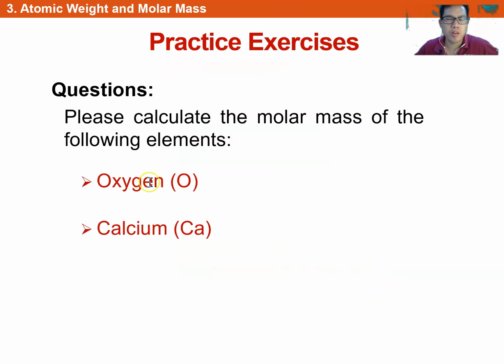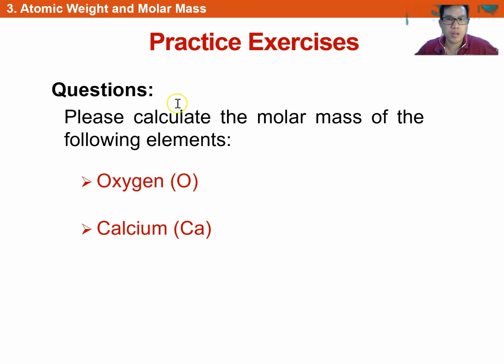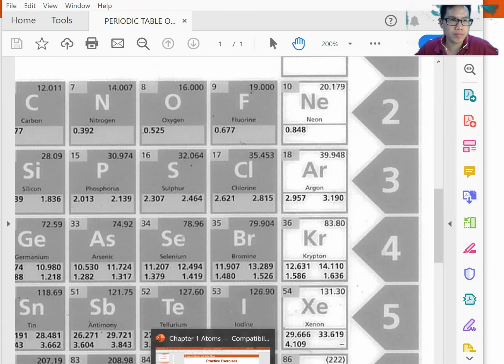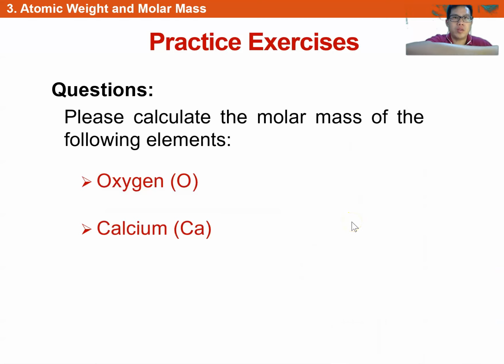For oxygen, we have 16 U. We can directly convert to 16 grams per mole.